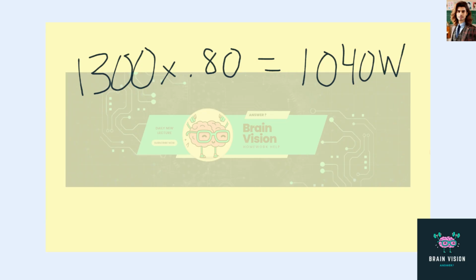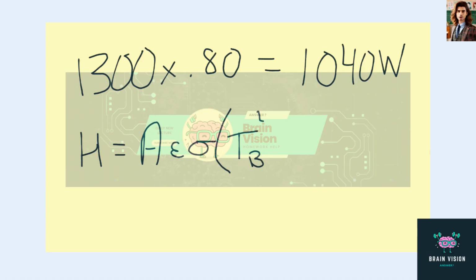Okay. Next, I want to find the heat per second due to the radiation. Right, and for that, we're going to use this equation for the rate of heat flow for radiation. So H equals A epsilon sigma times the temperature of our body surface to the fourth power minus the temperature of our environment to the fourth power, right?